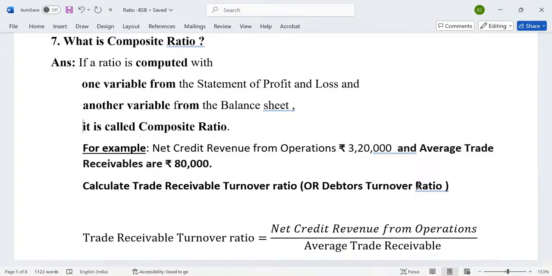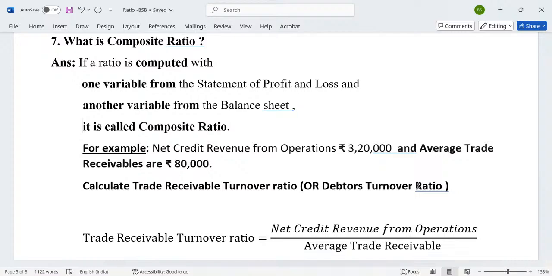Now see here. Net credit revenue from operations is one variable, taken from the statement of profit and loss. And trade receivables are taken from the balance sheet. Then we calculate the average. These two variables are taken from two financial statements.